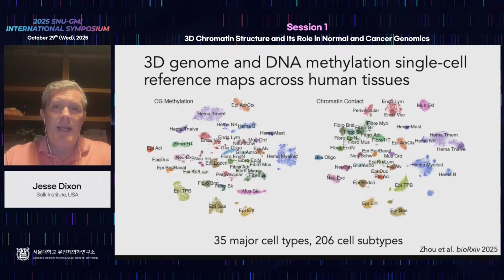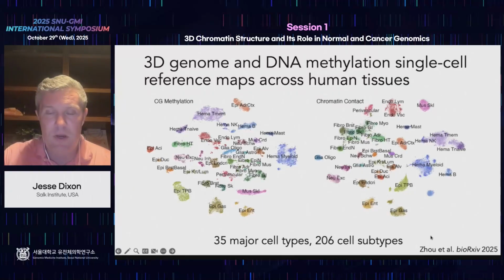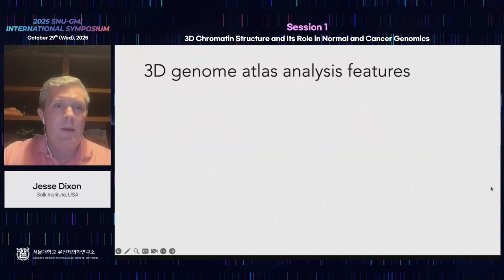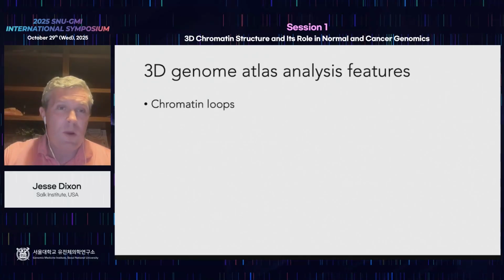So there's obviously a lot of data here, but I want to touch on a few aspects that I think are particularly cool findings from the study. The main paper is on bioRxiv if you want to read it. There are a couple of different features that I want to explore. One of them is looking at features like chromatin loops.